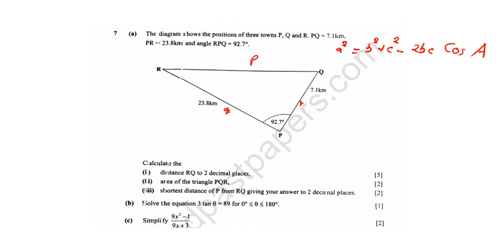The letter for the angle is the one to start with. So this P, which has the angle, is the one we are starting with.